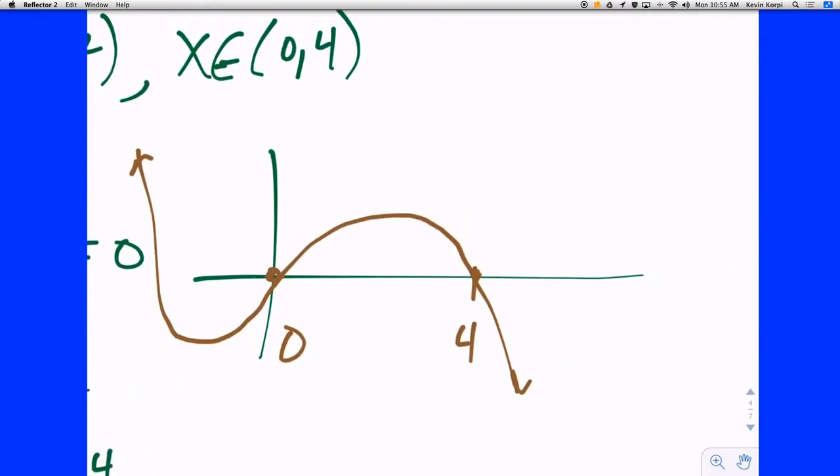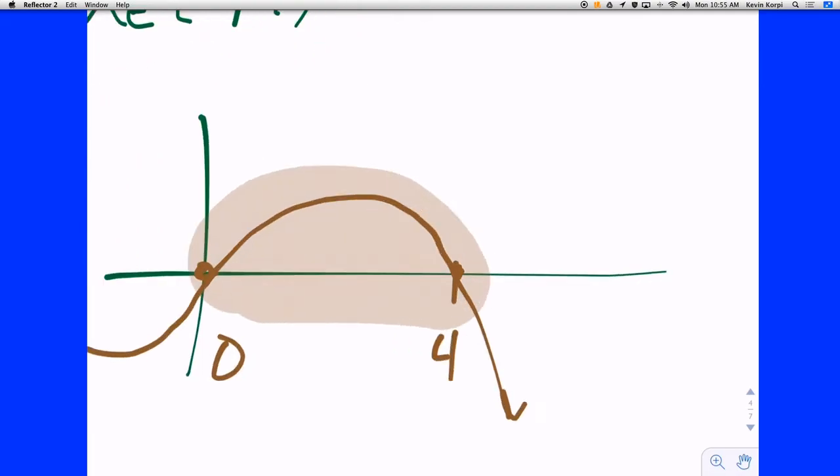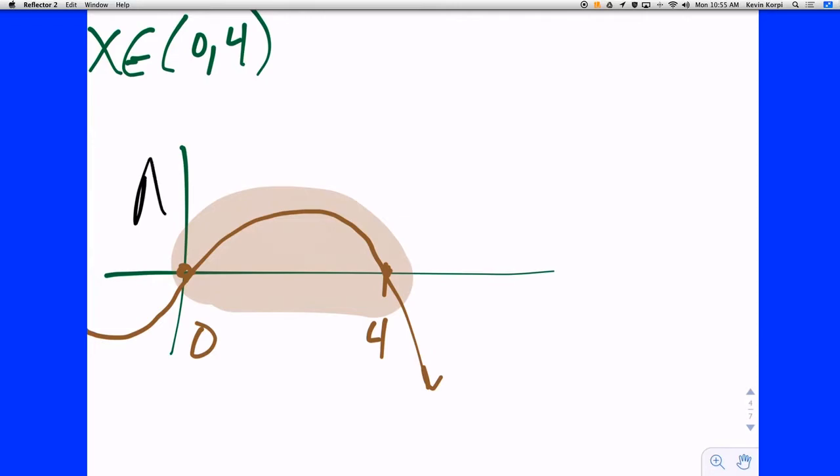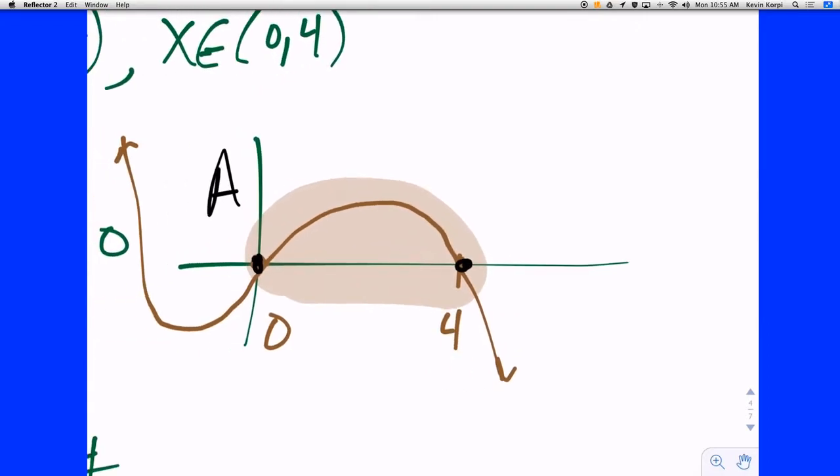But in our little relevant world right here, we're looking at just this part of it, where the area is 0 when x is 0, and the area is 0 when x is 4. Because we're looking at this part of the graph, we know it's not only going to be a local maximum, but also an absolute maximum, because A prime is positive.